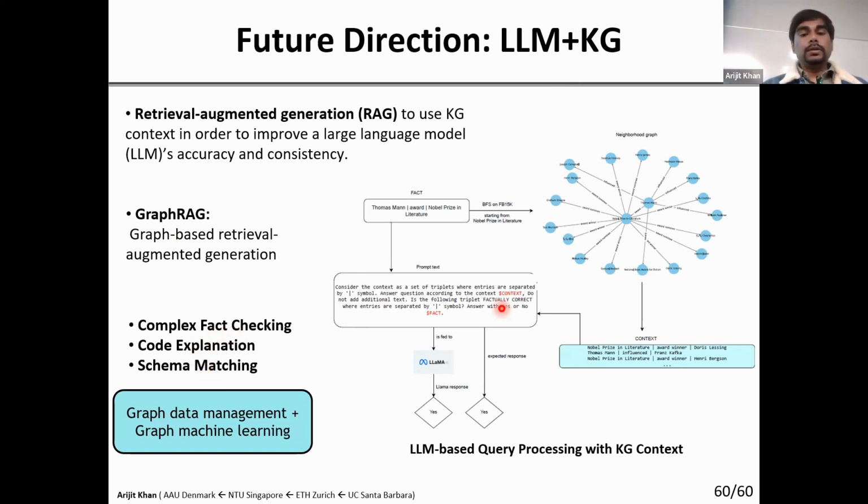And there, what we are looking into is a graph RAG kind of approach, where you might get more relevant domain-specific, up-to-date knowledge from a knowledge base or a knowledge graph. So how to retrieve the relevant knowledge given a specific query, and how to integrate it with the LLM to generate better results: that's what we are looking into for downstream tasks such as fact checking, schema matching, etc. And this also shows the synergy of graph data management and graph machine learning.